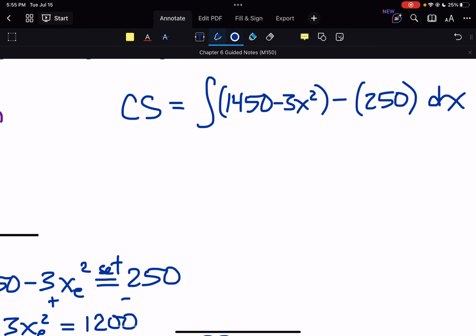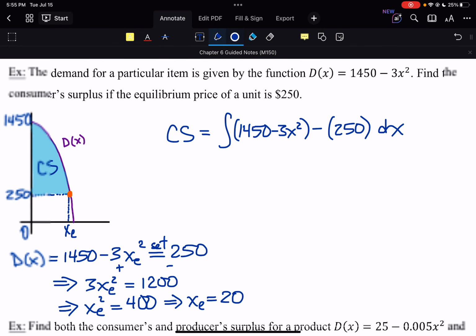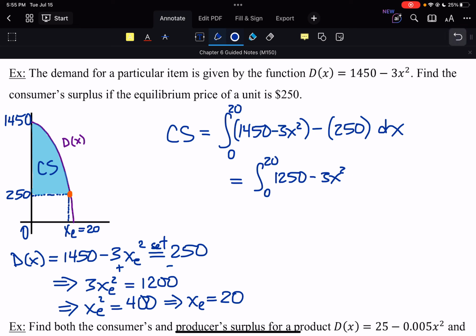So this value is 20, and we're going to go from 0 to 20. So we have the integral from 0 to 20 of 1200 minus 3x squared dx. So combine those two.